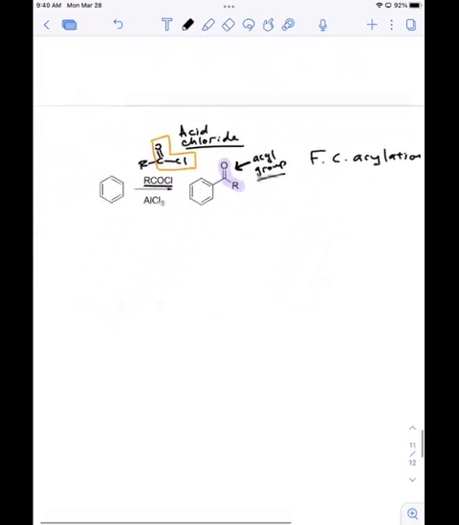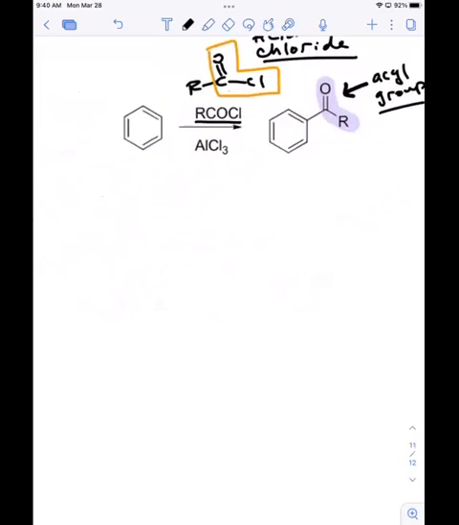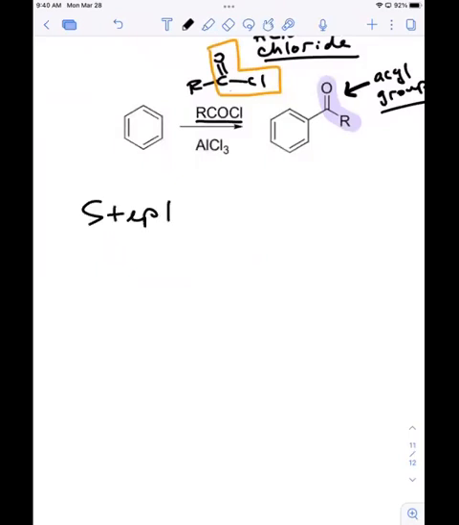All right. So the first step is, and actually I'm gonna use a real one in this case. I'm not gonna use an R group. First step is preparation of my electrophile. All right. So let's just use acetyl chloride.